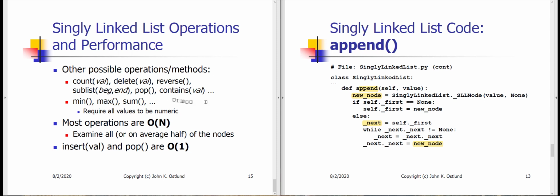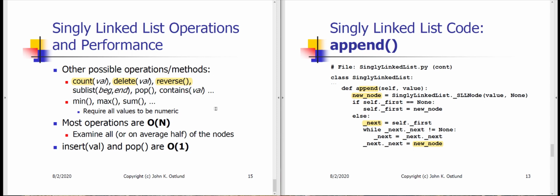From our own experience with the built-in Python list type, we can imagine lots of other methods that we could add. We could add a method for counting the number of times that a value occurs in a list. We could add a method for deleting the first occurrence of a value in the list. We could develop a method for reversing the order of the nodes in a list. That one's rather tricky.